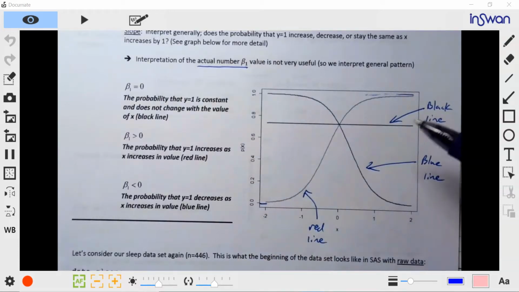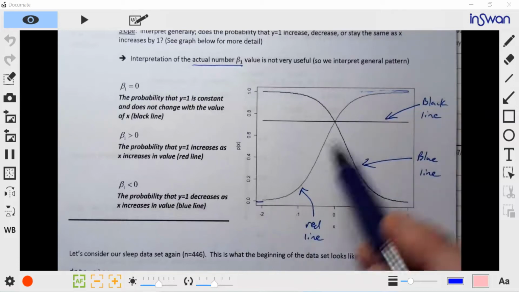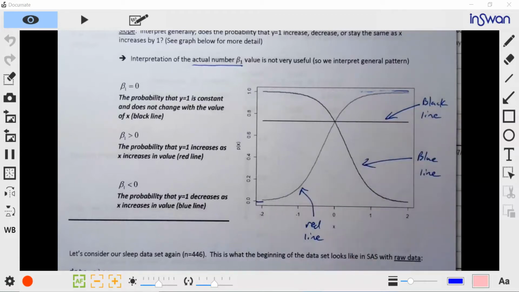So these are the three different possibilities of interpreting slope on the probability scale. Again, I wouldn't interpret the actual number. I would try to just interpret what you know about the shape of the relationship between the probability and x, and we'll essentially have these three different shapes. So I'm going to pause it here and move on to the next video.